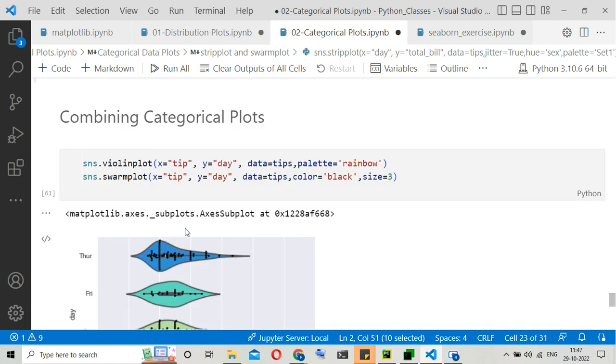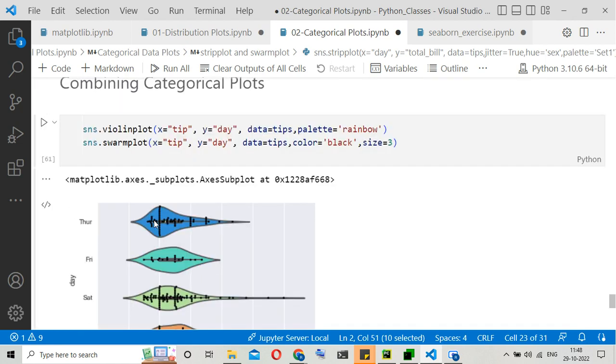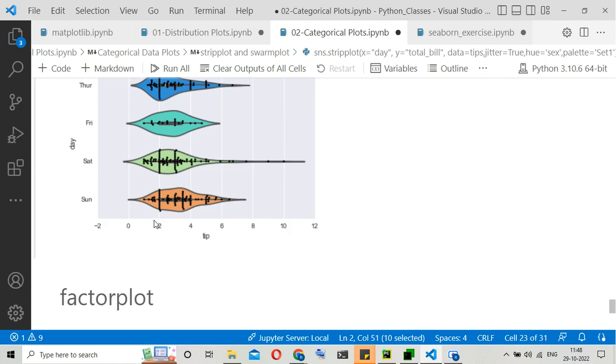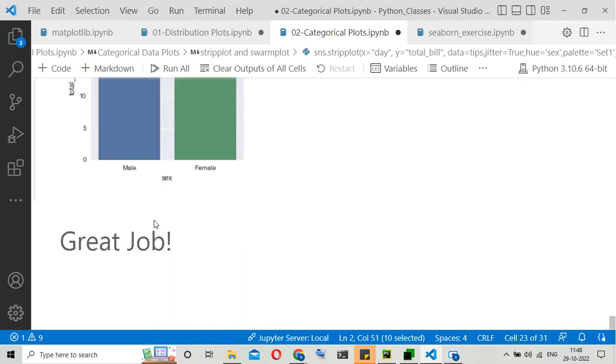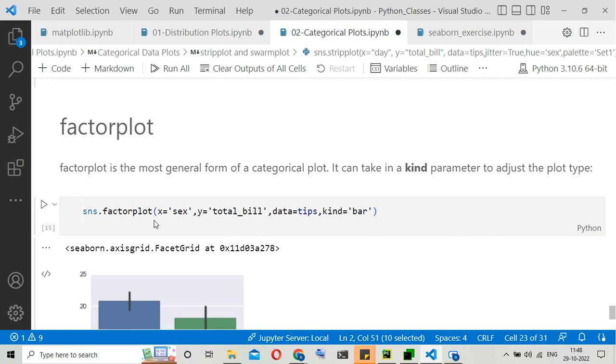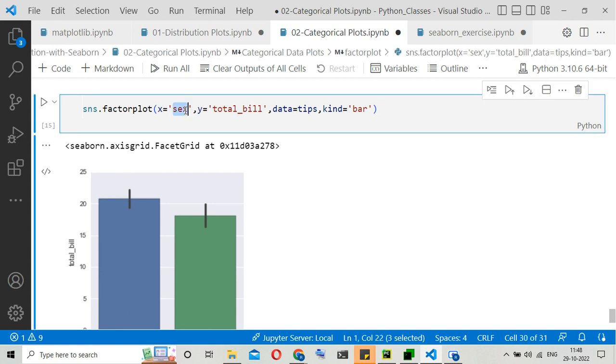The same plots you can also combine on the same axis if you want. The factor plot is the same plot, but it generally draws on two different panels based on sex.